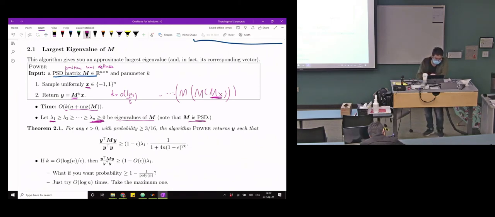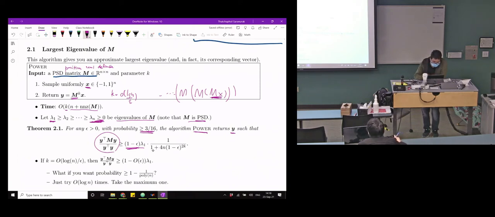I'm going to prove that with some constant probability, the power method algorithm will return a vector y such that this ratio, the Rayleigh quotient, is close to lambda 1 with a multiplicative factor.